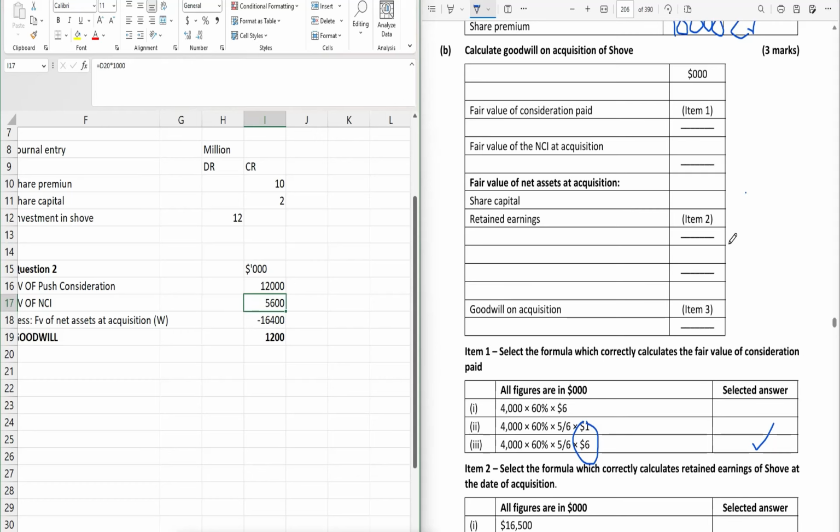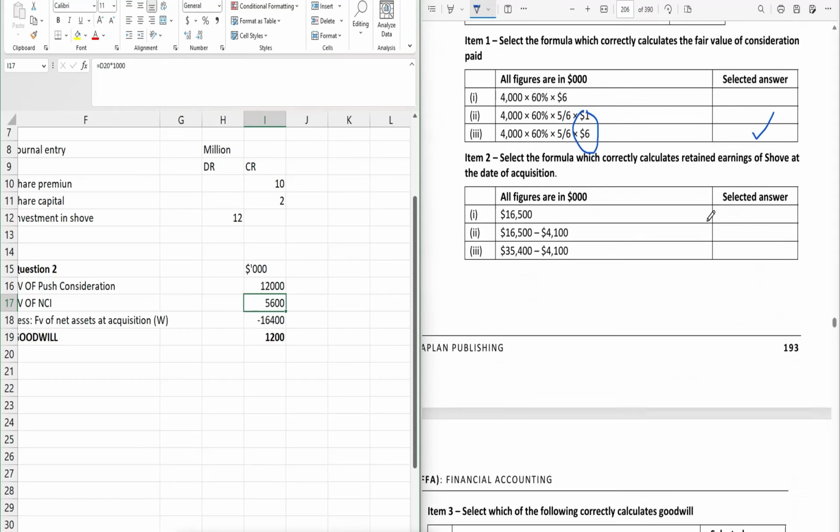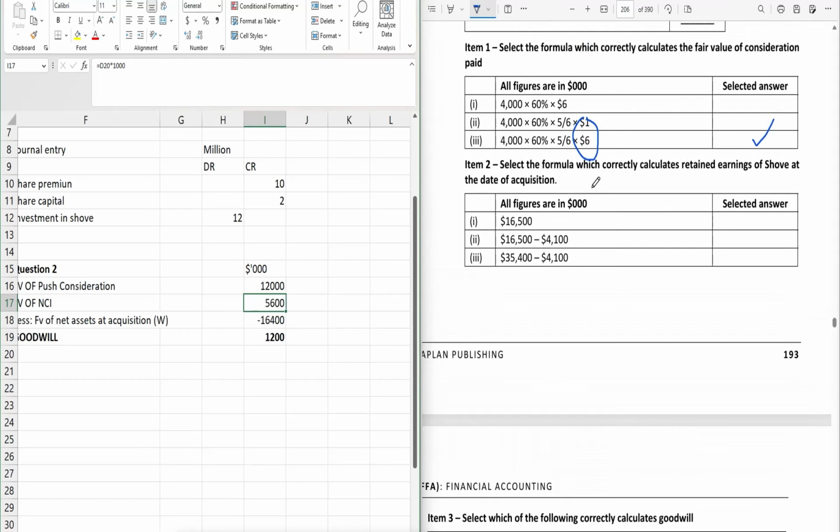But for the retained earning they have provided item 2. In item 2 they ask to select the formula which correctly calculates the retained earning of the SOAP at the date of acquisition. So 16,500 is not correct. Why? Because it is the retained earning at the reporting date. So the next one is 16,500 minus 4,100. Yes, this is the correct calculation of retained earning at acquisition date.